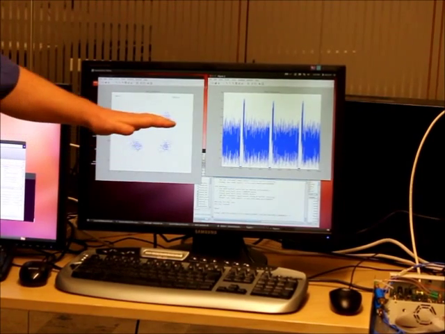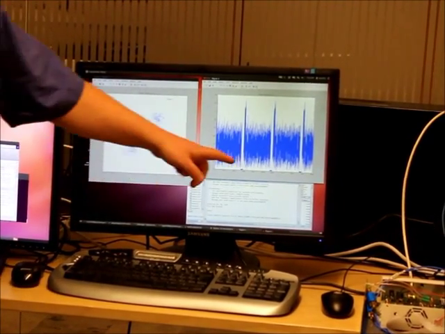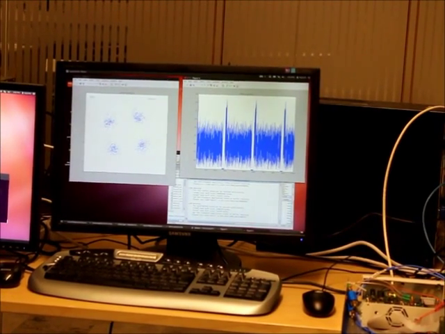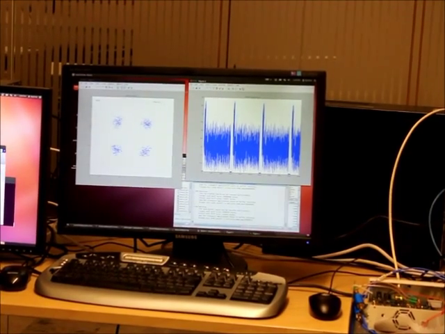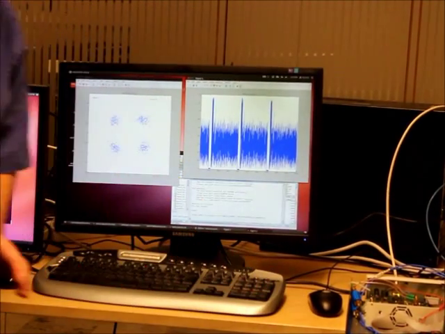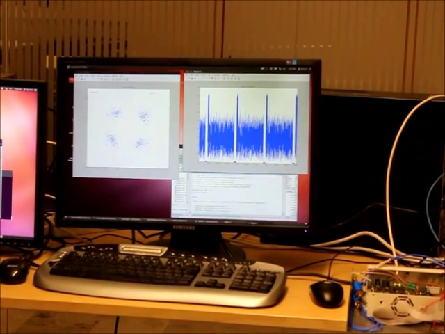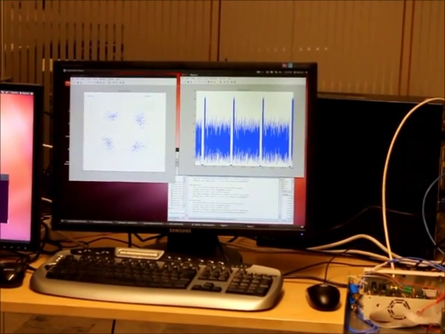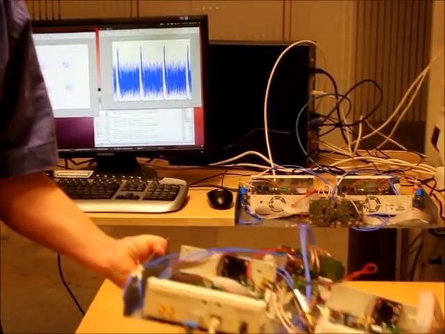If you look at the SNR here, it's like 10 dB or so, but if you look at the SNR here, it's higher, and the reason is that the signal itself is not entirely clean, which is quite typical for these high carrier frequency systems.